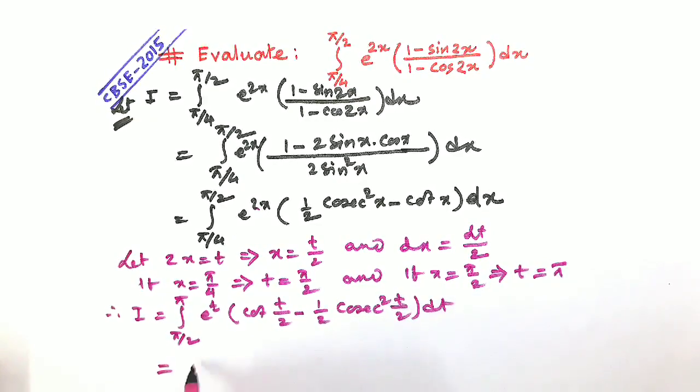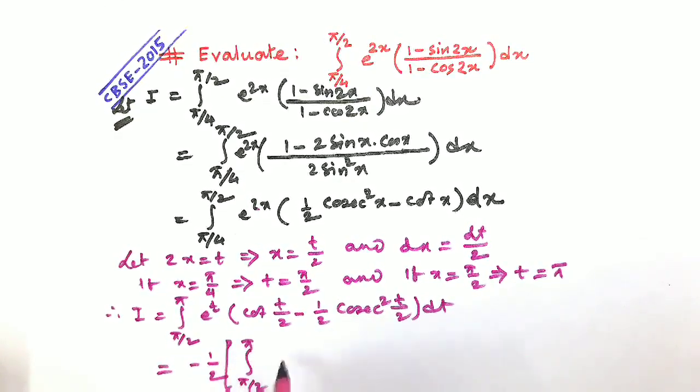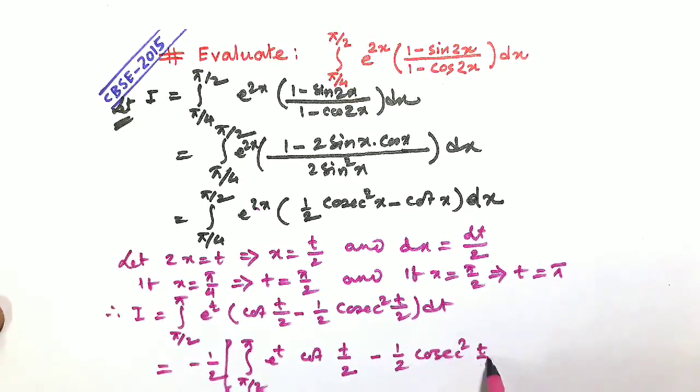This is equal to minus half integration pi upon 2 to pi e to the power t cot t upon 2 minus half cosec square t upon 2 dt.